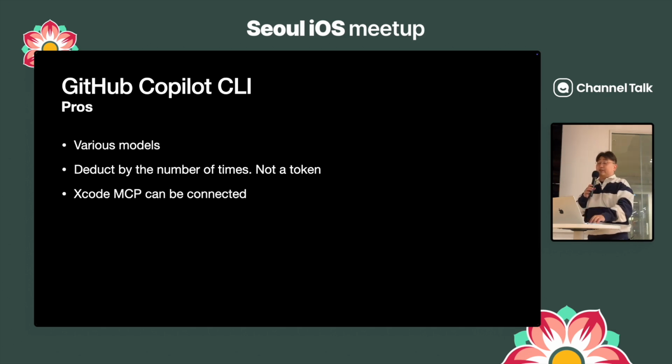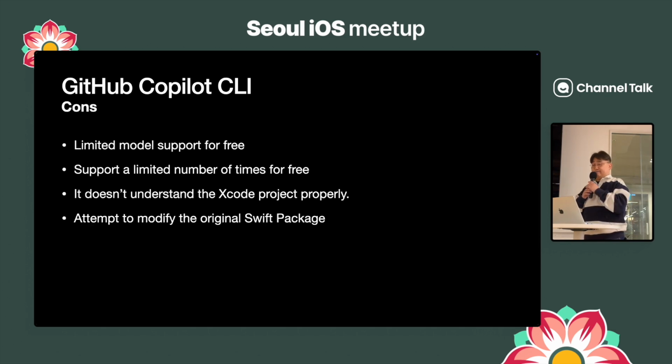Xcode MCP can be connected, but limited models are supported for free. The free user can use GPT-5 mini only, and it supports a limited number of times for free.